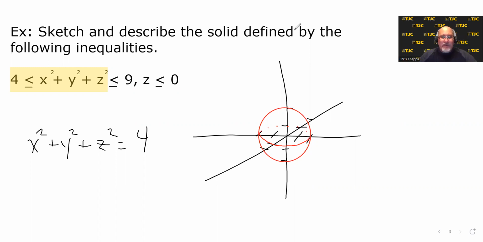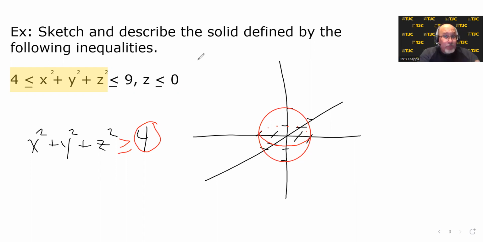What would it mean if I said I need that to be greater than or equal to 4? Well, equal to 4 means on the sphere. Where are the points where x squared plus y squared plus z squared is greater than 4? Well, think about it for a second. If this number were greater than 4, then its square root would be greater than 2.